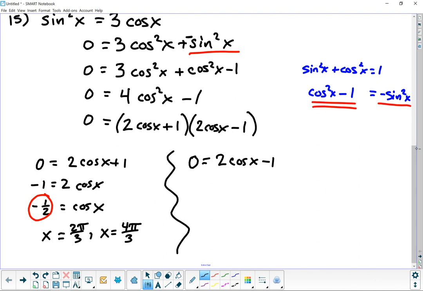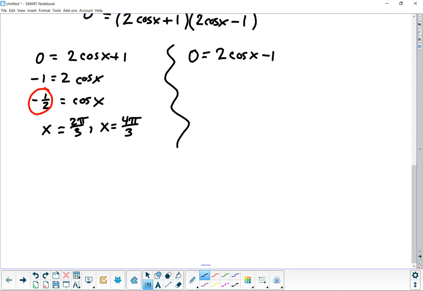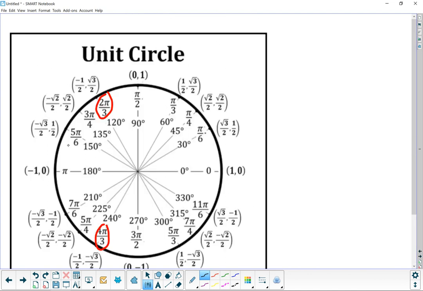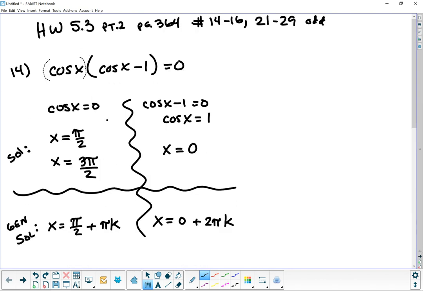Okay, that's just a solution. Our general solution, and notice that these two are on the left-hand side, and they're not across from each other, or they're not 90 degrees from each other. So we cannot use any of the fancy stuff.